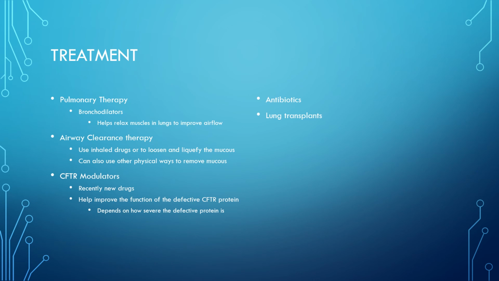Now for the treatment for cystic fibrosis. Through pulmonary therapy, bronchodilators help relax muscles in the lungs in order to improve airflow. There is airway clearance therapy, where patients simply inhale drugs in order to loosen and liquefy the mucus found in their lungs.